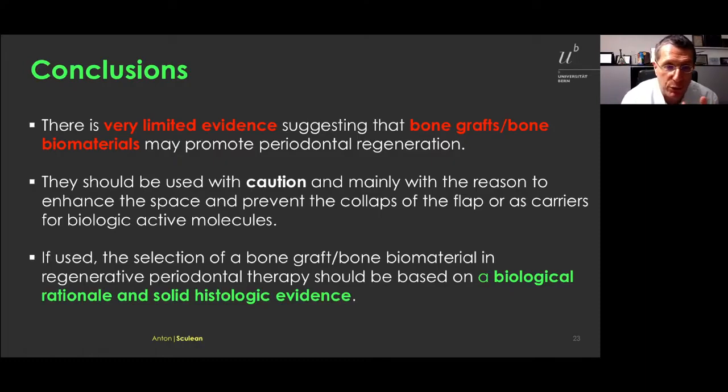In other words, I would never use a material in my patient that has not been shown to have a positive activity in animal studies, in cell cultures, and finally also in human histologic proofs. That's very important. So be careful, be always very critical when you use your materials.